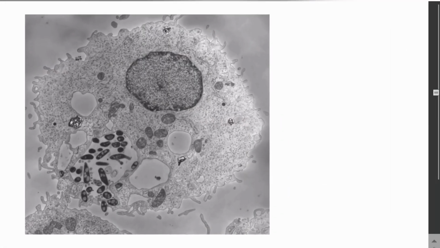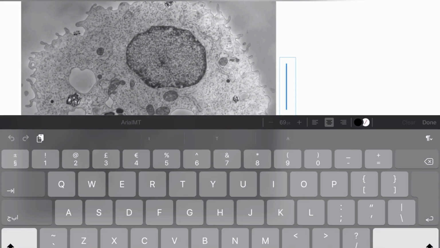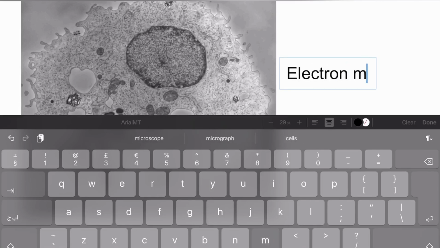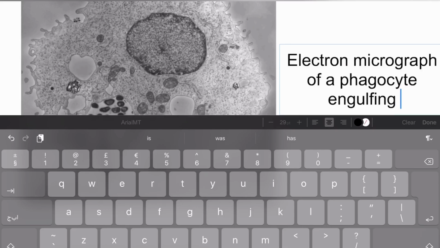Guys, this is the electron micrograph of a phagocyte engulfing bacteria. So we can mention over here that this is basically the electron micrograph of a phagocyte, which is engulfing bacteria.